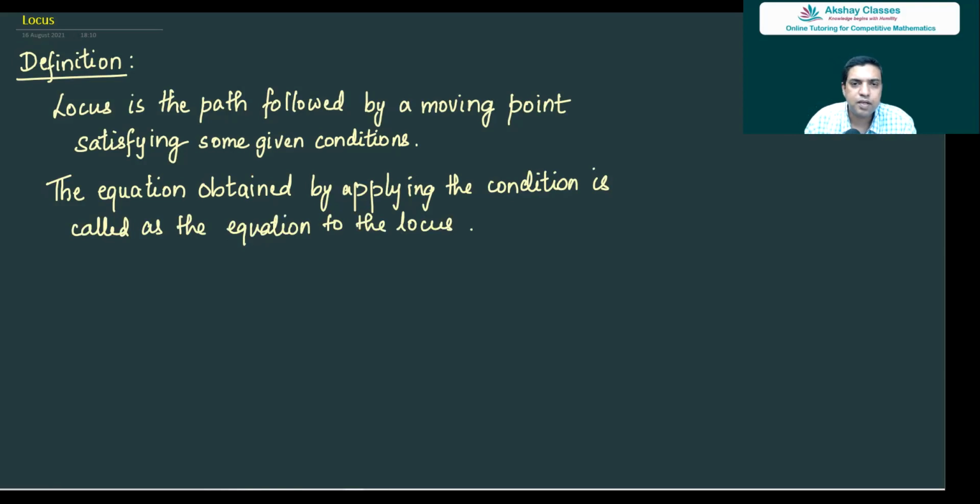So locus is the path followed by a moving point satisfying certain conditions. An equation to the locus is the equation obtained by applying the given condition.